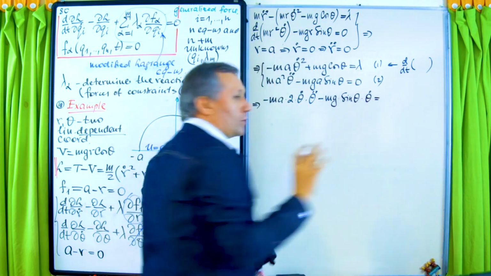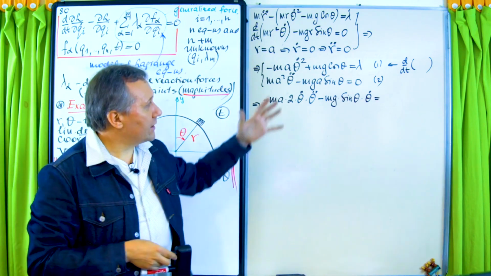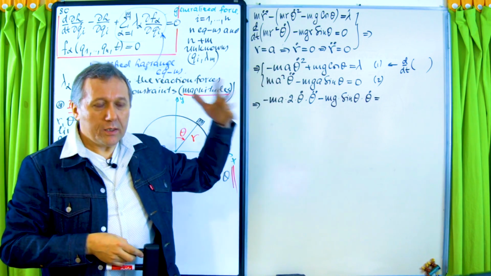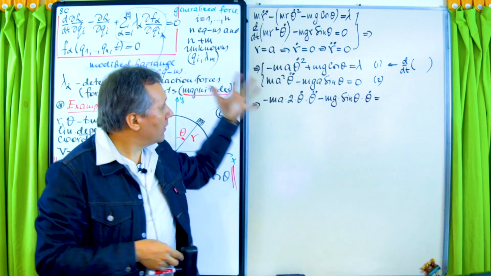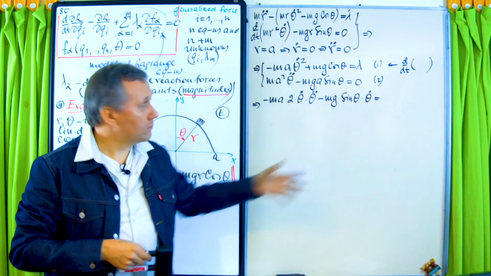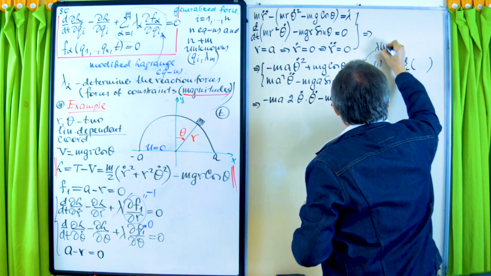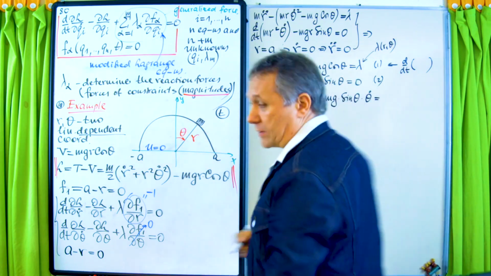You remember I told you when we introduced lambda, we're not saying that it is a constant. It can be a function of all these variables, r and theta. Let me emphasize that lambda can be a function of r and theta, just a multiplier.